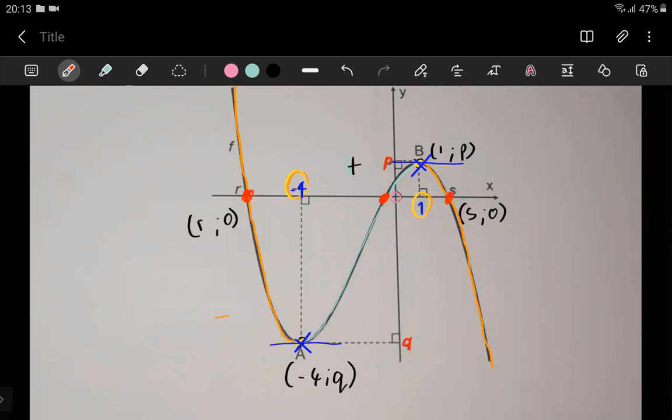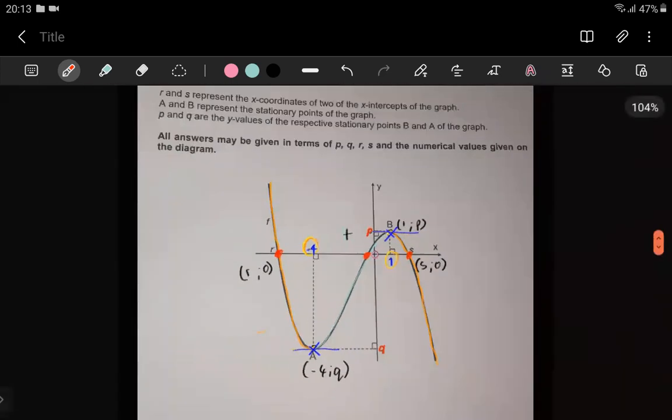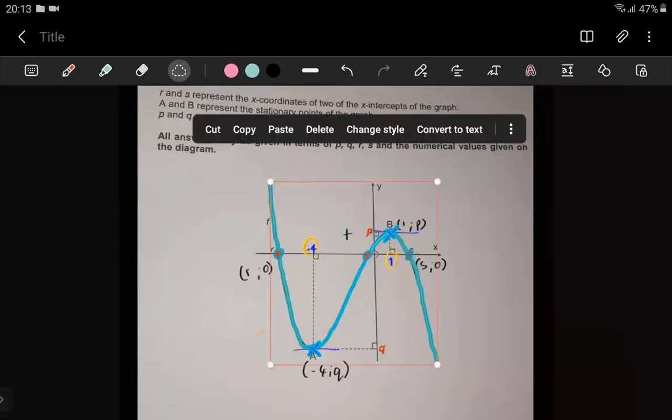But if you look at your sketch nicely, if this graph moves up or down, it has the potential of having one x-intercept. What I mean is, if you move this graph downwards a certain amount of units, you see this value is p.